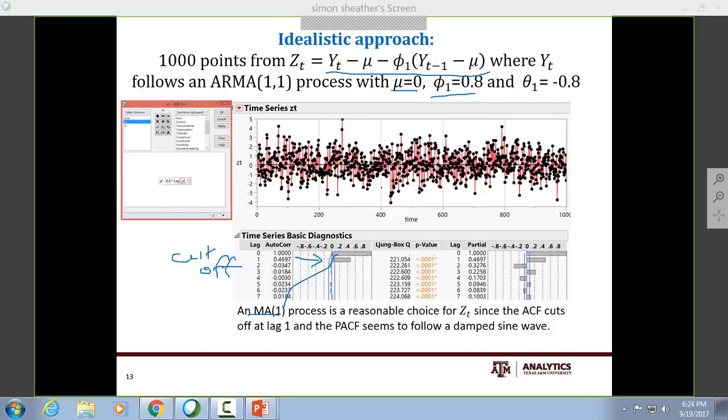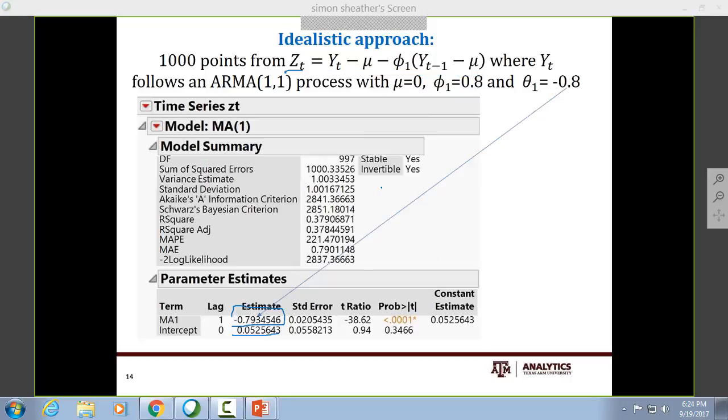So if I fit an MA(1) to this, I end up getting an MA(1) with a coefficient very close to minus 0.8. So what I've done is demonstrate to you that if I can figure out the AR piece and subtract that off from the Y, I can then use the result to figure out what order the MA piece is. Are we good, sir?